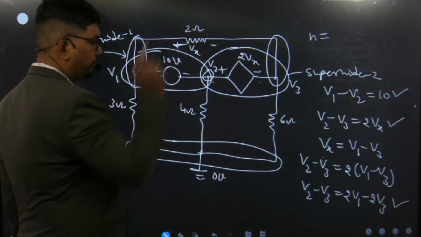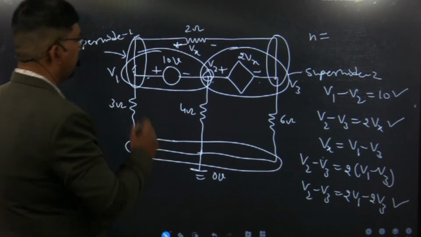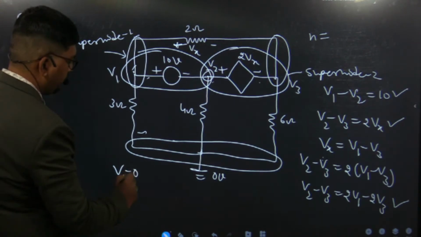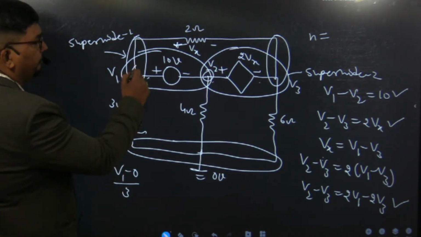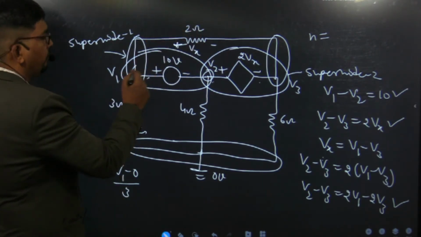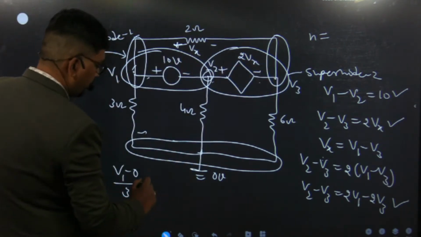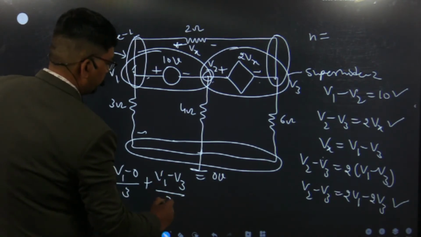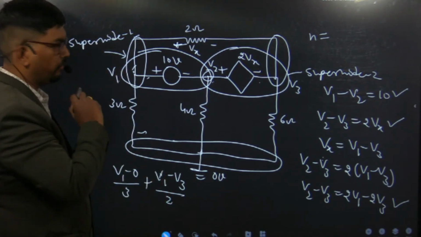The 3 ohm and 2 ohm. So we find the current at the V1 node. The current in the 3 ohm is V1 minus 0 upon 3. Similarly, the current in the 2 ohm will be V1 minus V3 upon 2. This is the current at the V1 node.